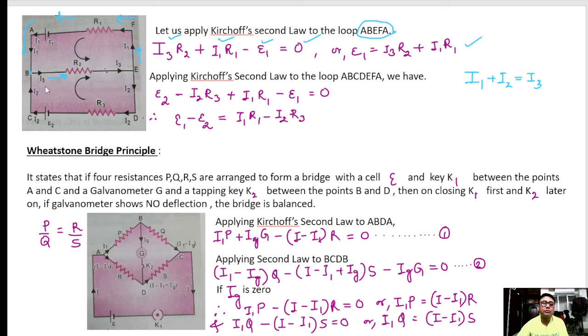Second, we are now choosing the loop A, B, C, D, E, F, A. So this is the loop we are choosing, and now see how we are going.